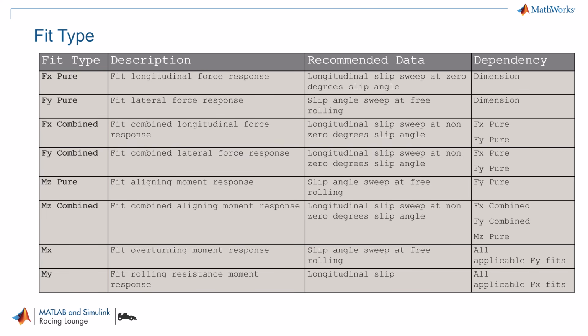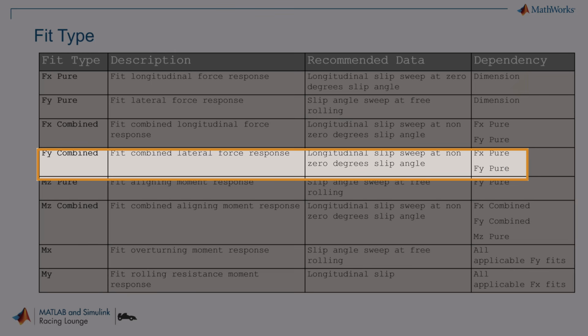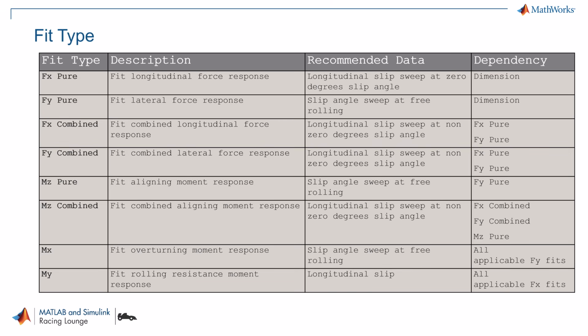Each fit type corresponds to specific data and real-world scenarios. For example, FX pure models straight line braking while FY combined captures lateral forces during braking in a turn. The fit type you choose depends on the tire behavior you want to model, so whether it's straight line braking, cornering, or combined slip conditions.